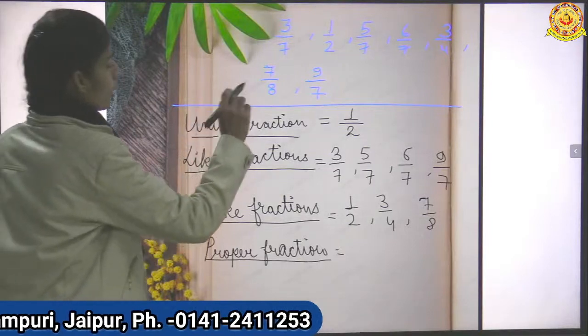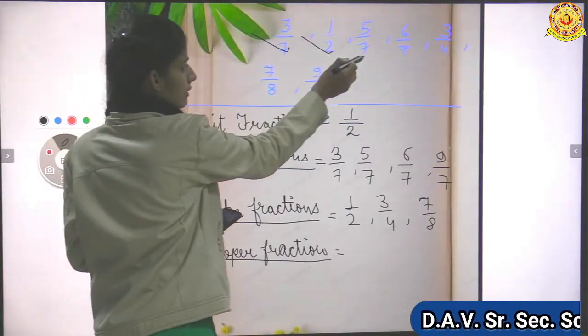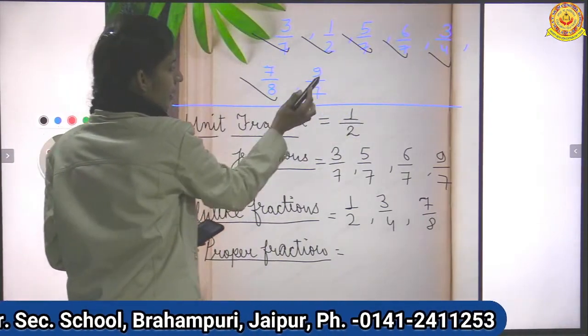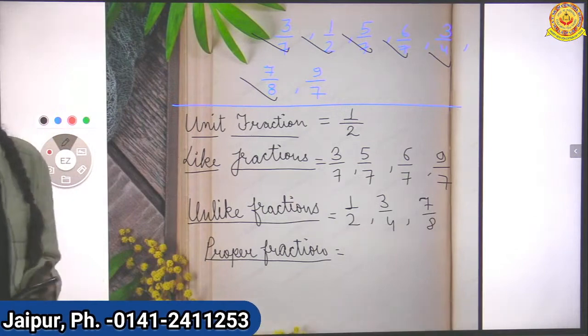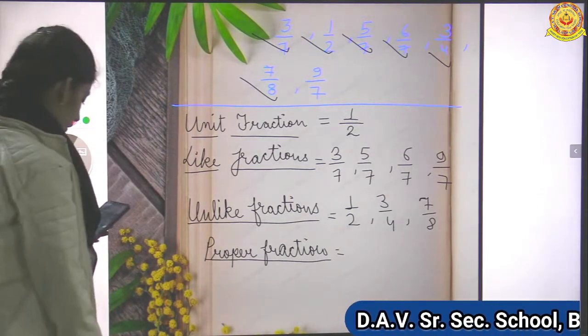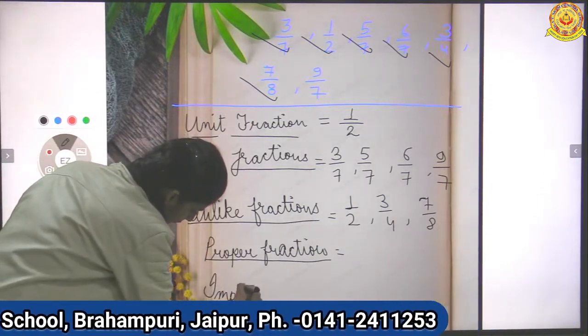So now just check the numerator. Here also the numerator is less. Here the numerator is greater than the denominator. In 9/7, the numerator is greater than the denominator, so it will be written as an improper fraction.